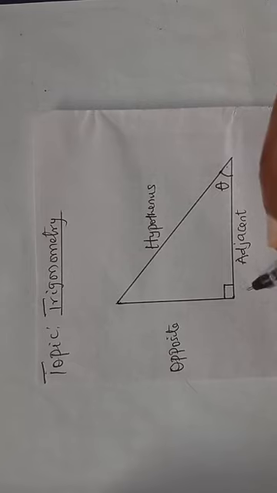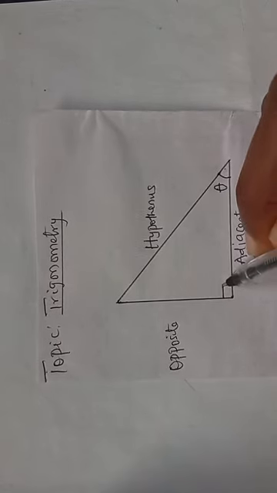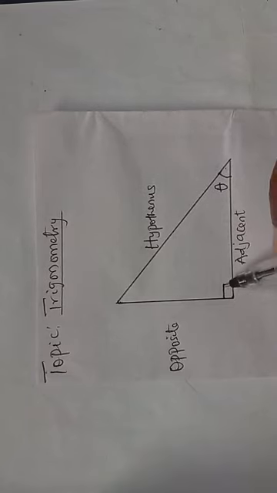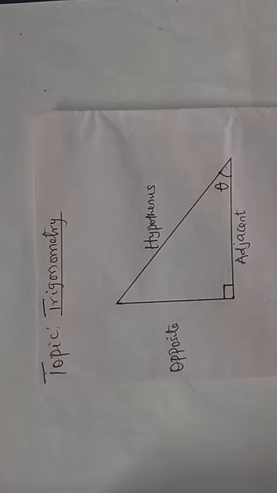This sign is used to indicate a right angled triangle. So no matter how it is drawn, once you see this, it means that 90 degrees is there. As simple as that. Okay? It represents angle 90 degrees.